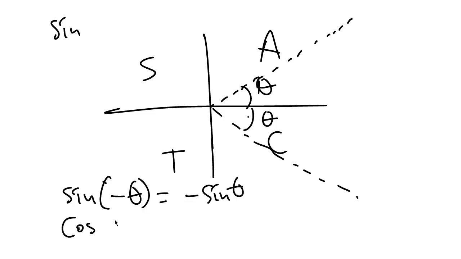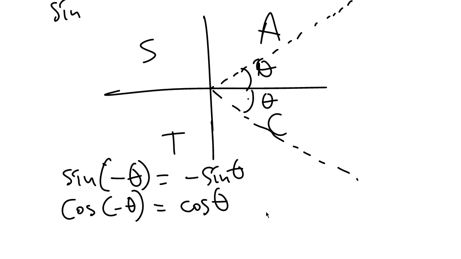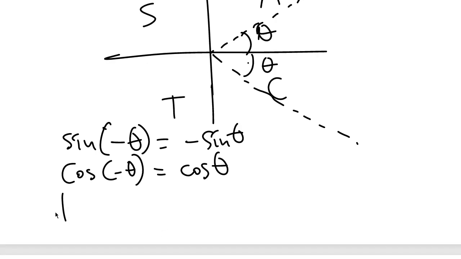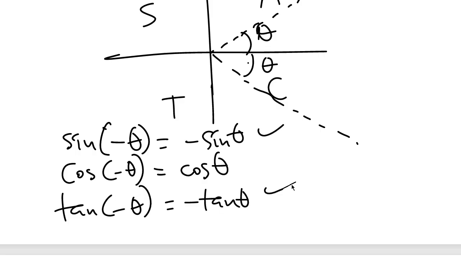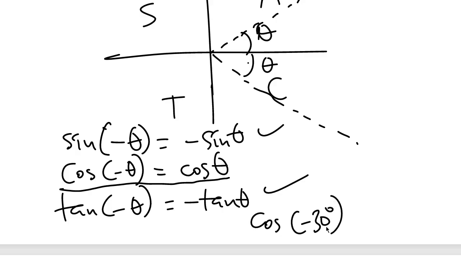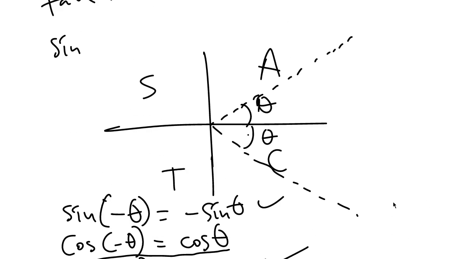The cos of negative theta is equal to cos theta, and the tan of negative theta is equal to negative tan theta. Right? So these two, very important. Then you should note that the cos of negative theta is still going to give you what? Cos theta. So you can comfortably say that cos of negative 30 degrees is what? Cos 30. Are you following?